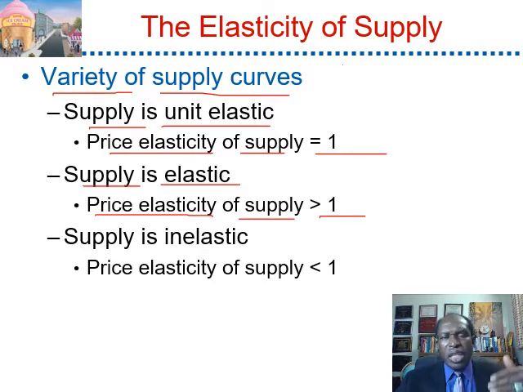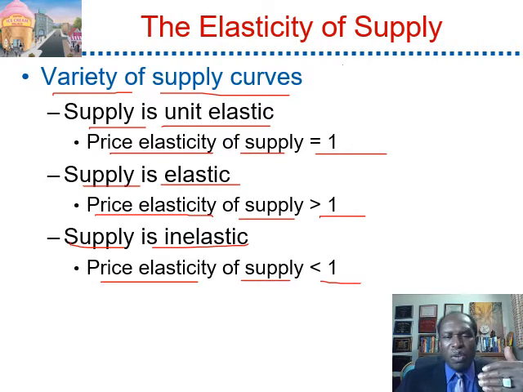This means that the percentage change of the quantity supplied is greater than the percentage change of the price. The supply is inelastic when the price elasticity of supply is less than 1. This means that the percentage change of the quantity supplied is less than the percentage change of the price.